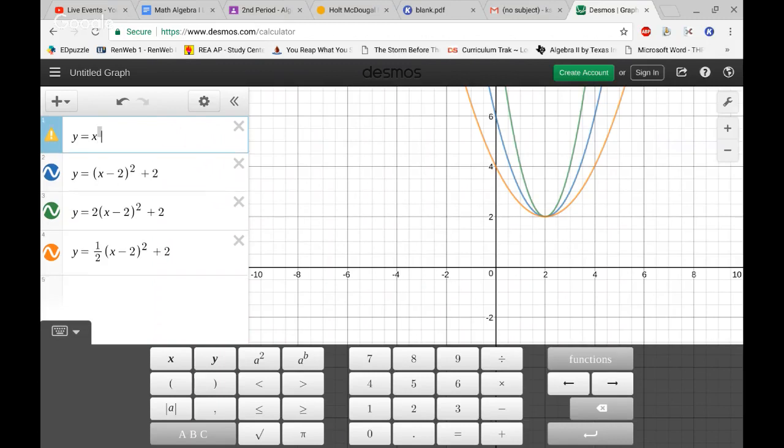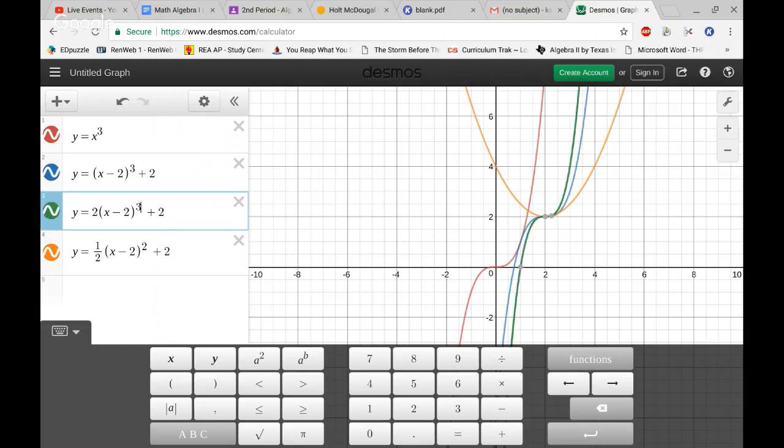To me, the skinnier and the fatter piece are a little harder to distinguish on that. So let's take a look at it.